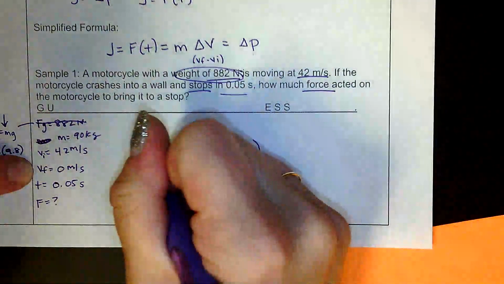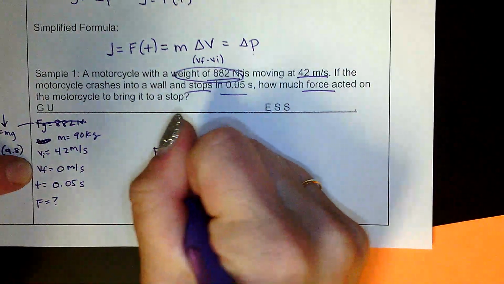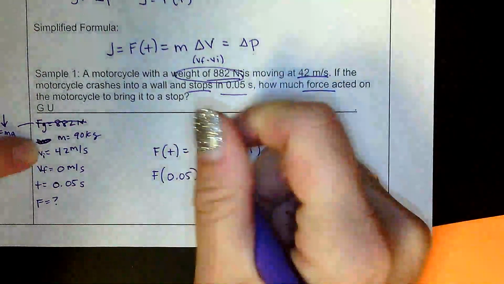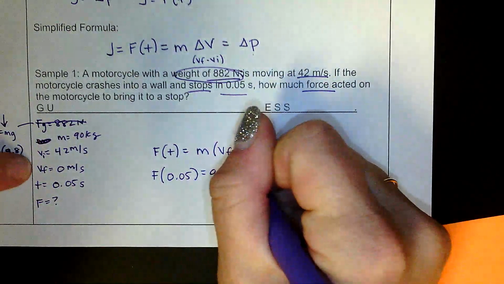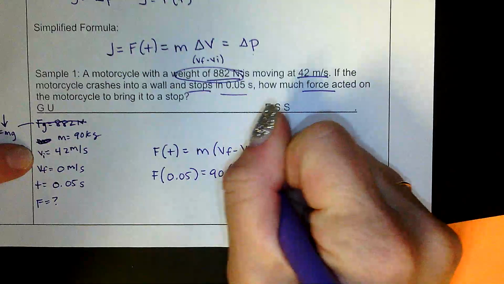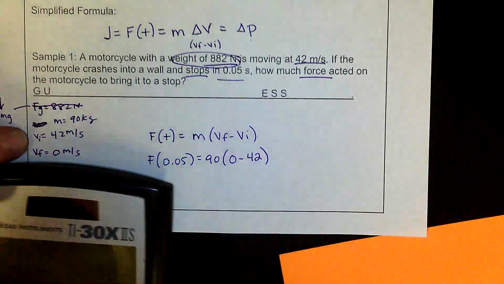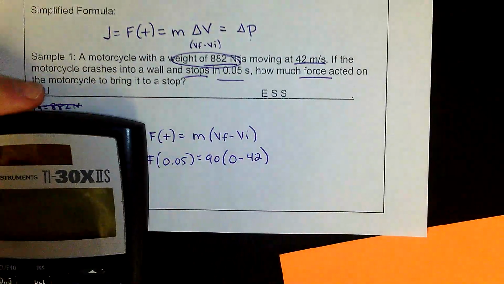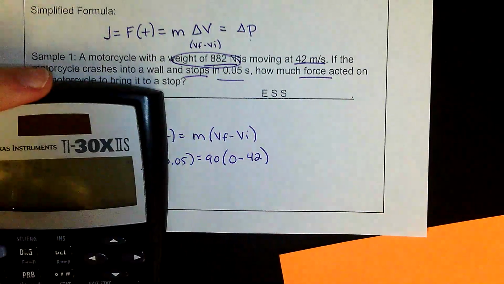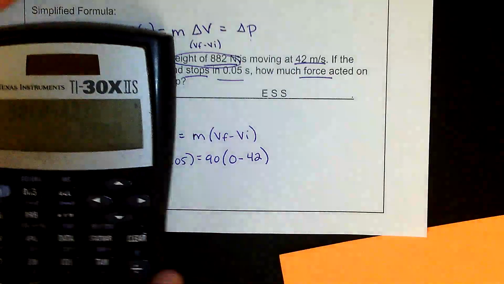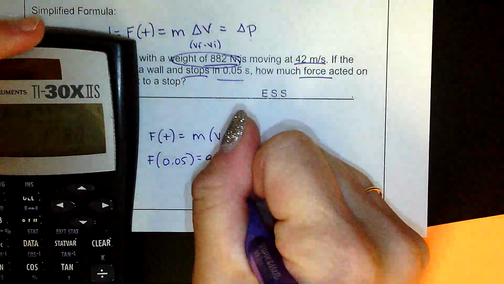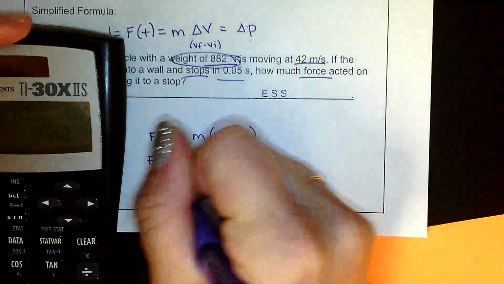All right, so let's plug in what I know. F I'm solving for, my time of 0.05, my mass of 90, final velocity of 0, initial velocity of 42. And let's see what we get here. So that's going to be 90 times 0 minus 42. That gives me a negative 3,780.